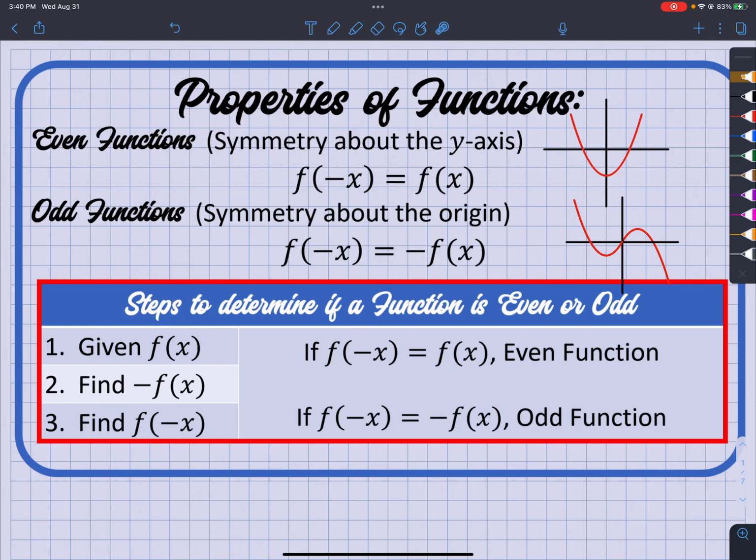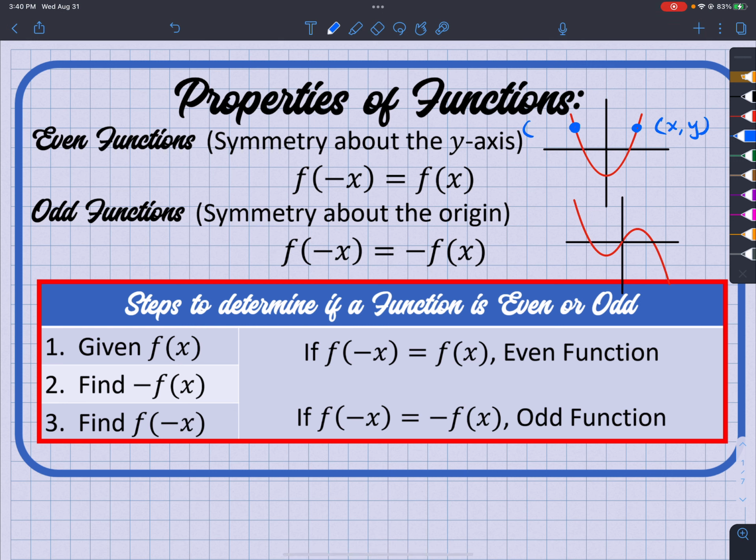All right, so we're talking about properties of functions. So we're talking about even functions, which have some symmetry about the y-axis. Here's a drawing of an even function, and if I was to take just two points here, you would notice that here I have a positive x, positive y.